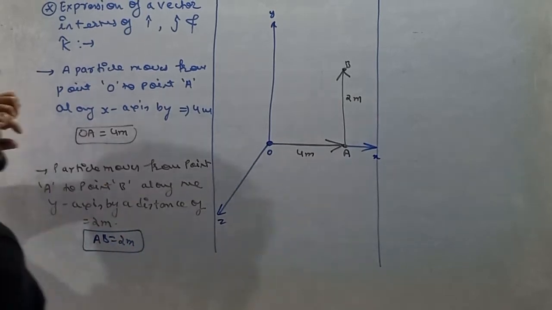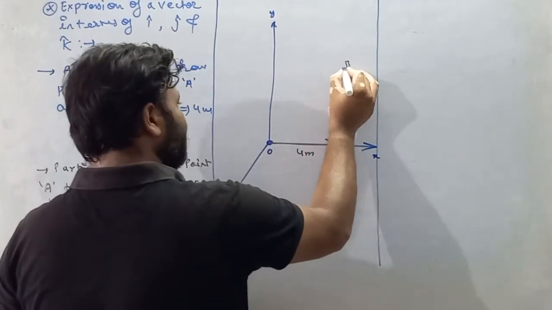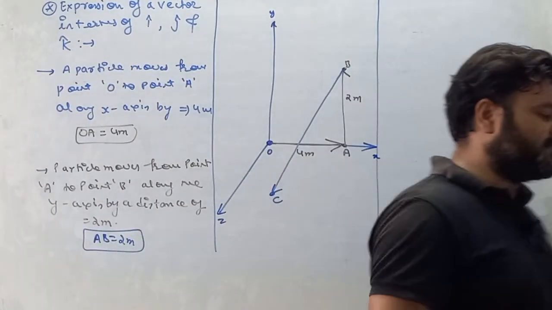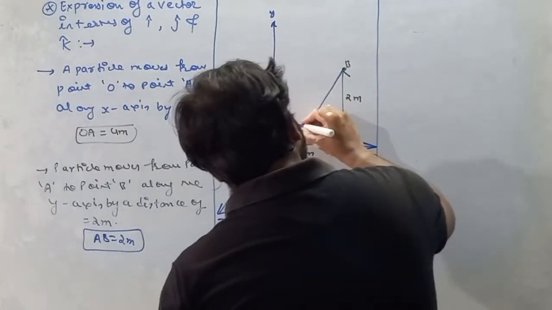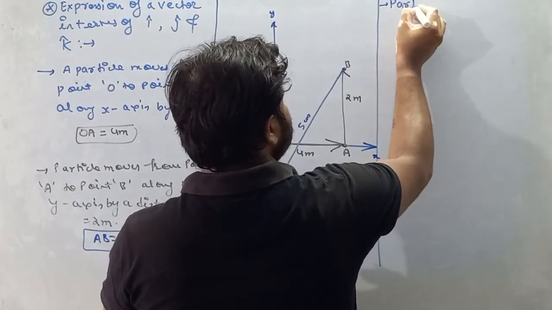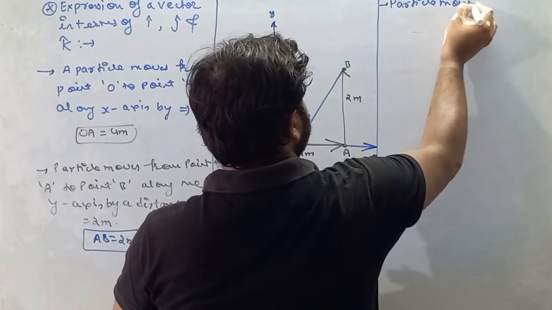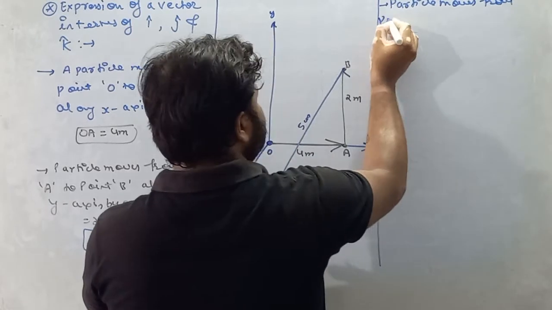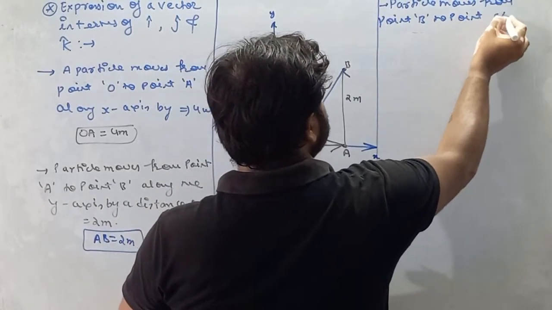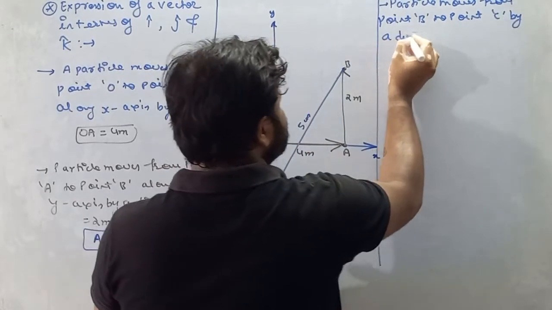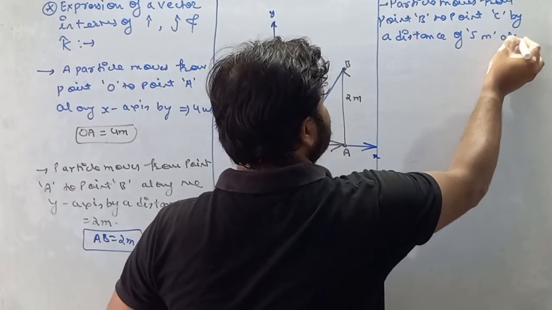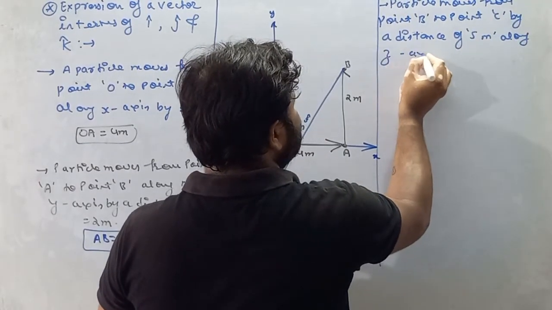Now let's suppose this particle moves along z-axis from B to C. Let's suppose the distance from B to C is 5 meter. I'll write here: particle moves from point B to point C by a distance of 5 meter along z-axis.